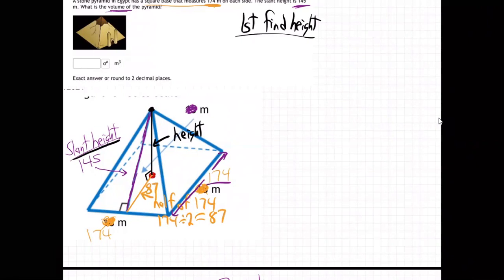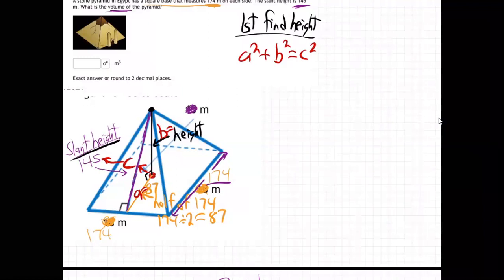So we have a little right triangle. We're going to use a squared plus b squared is c squared, like we always use for the little right triangle. So this is a right here. b is the height, and this is c, which is the 145. c has got to be the side across from the right angle.